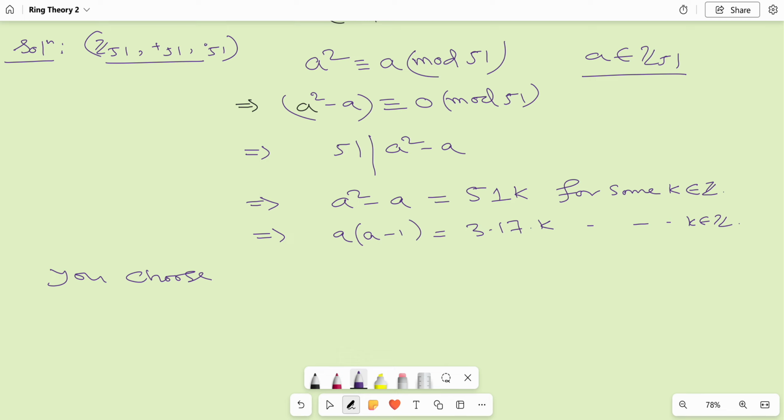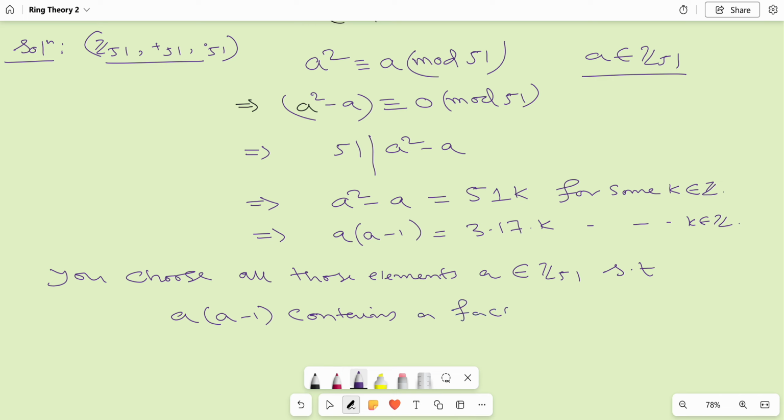So you choose all those elements a in Z51 such that a into a minus 1 contains a factor of 3 and 17. Those a will definitely satisfy this equation.